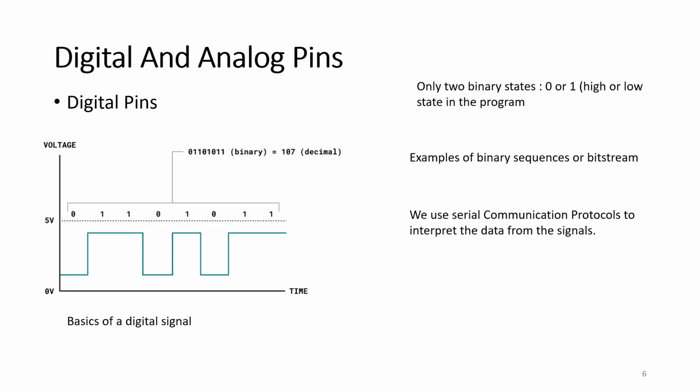You can easily read and write digital signals on an Arduino, which is useful to, for example, read button states or to turn something on or off. Digital signals might seem very basic, just 0 or 1, but are actually way more advanced. For example, we can create a sequence by sending a high or low state rapidly a number of times. This is known as a binary sequence or bit stream.